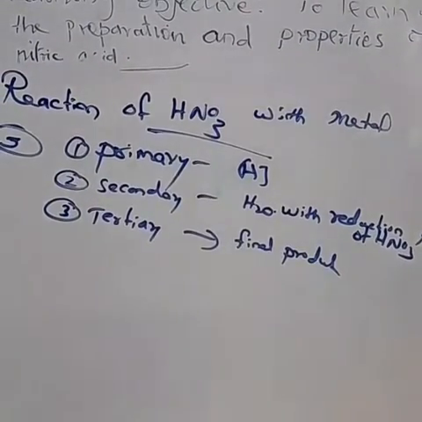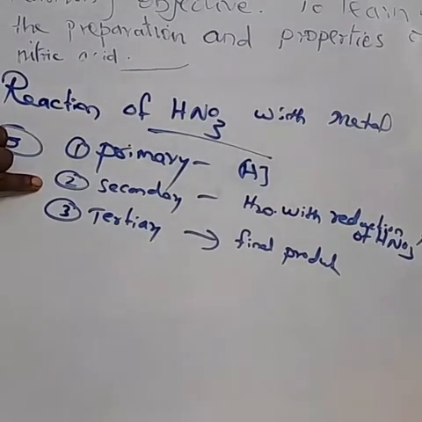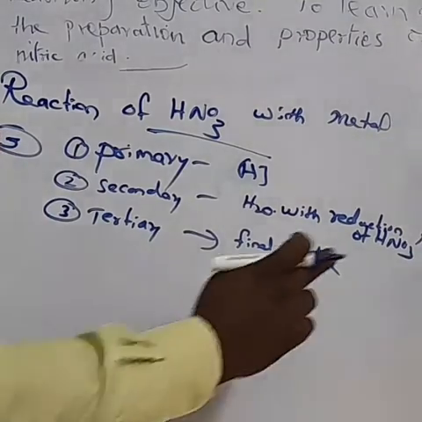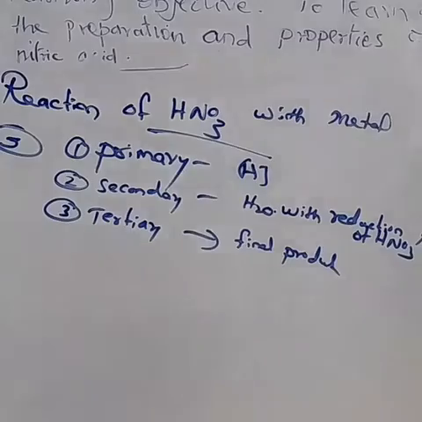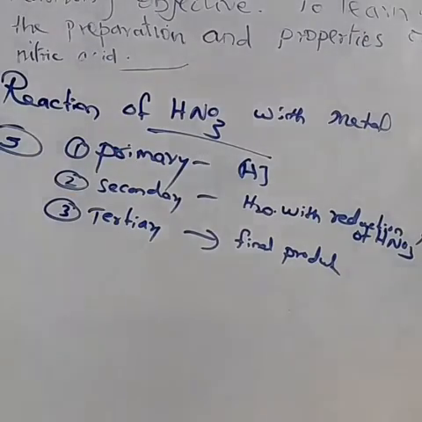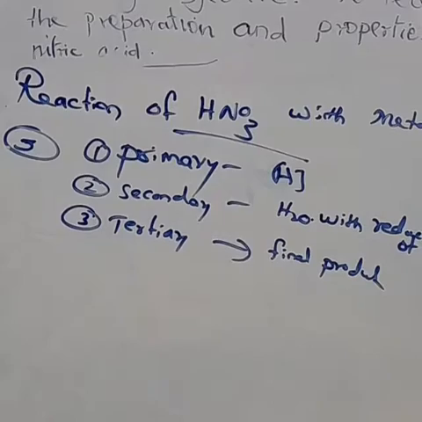These are the three steps. In the primary step, metal reacts with nitric acid to form nascent hydrogen. In the second step, the nascent hydrogen produces the reduction product of nitric acid. In the third step, the secondary product either decomposes or reacts to give the final product. Okay.